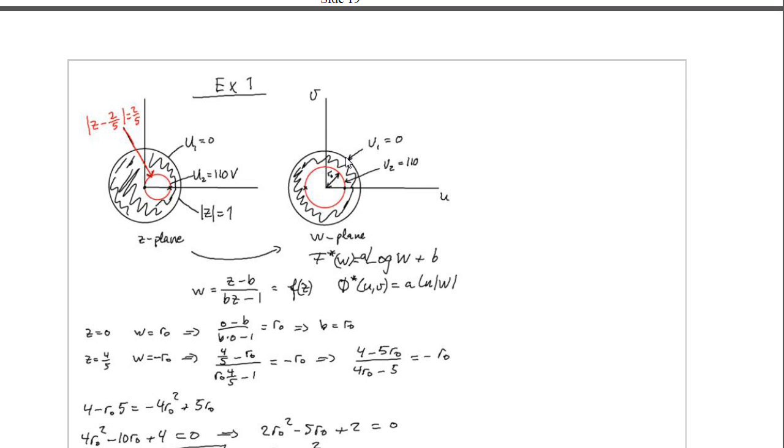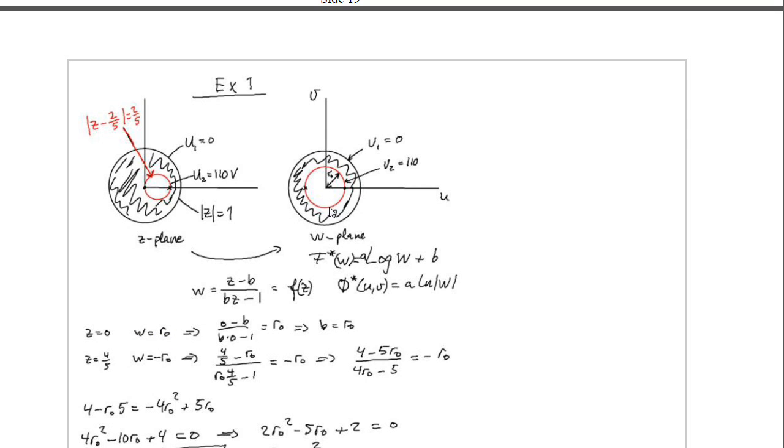In fact, we have solved this problem earlier when we have symmetric circles. So let's find this value b. First, we start with mapping this point onto this point. Well, we put z equal to 0, and we let w be equal to R0.